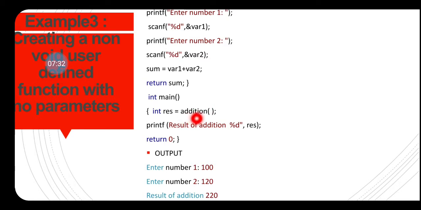Now the calling function of addition is main, so whatever value addition returns will be returned to the main function. So inside the main function we are taking one variable, integer res equal to, and we are assigning the value returned by the addition function into the res variable. So the addition function is returning sum, and whatever the sum is, that is put into the res variable over here.